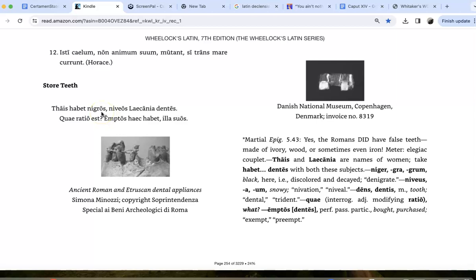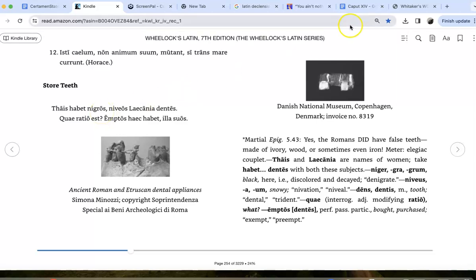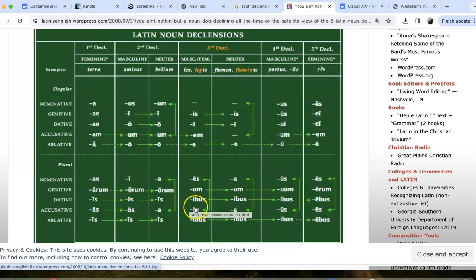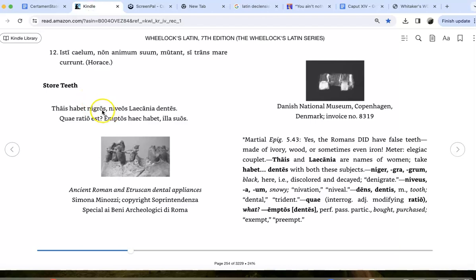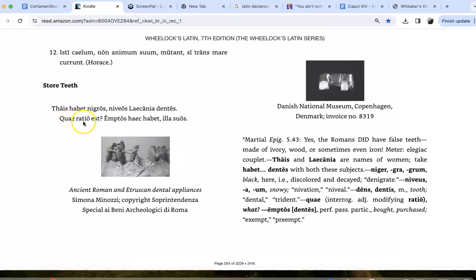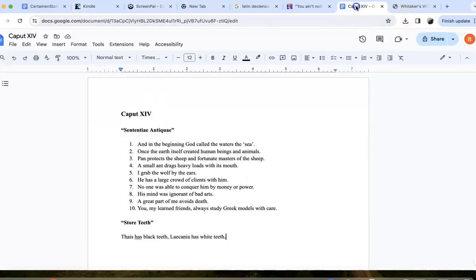Notice the adjectives are second declension accusative plural, os, and then the dentes is third declension, and so that explains our case endings. And then quae ratio literally means why is this the case? Literally what reason is. So you could say what is the reason would be kind of straightforward.